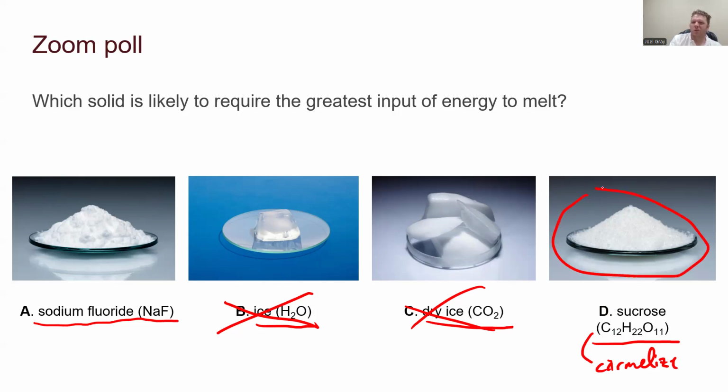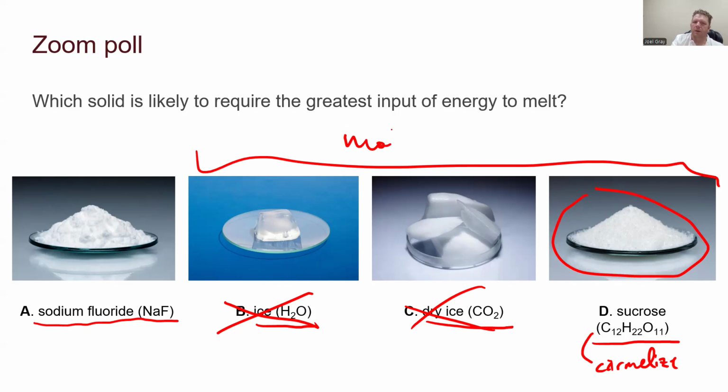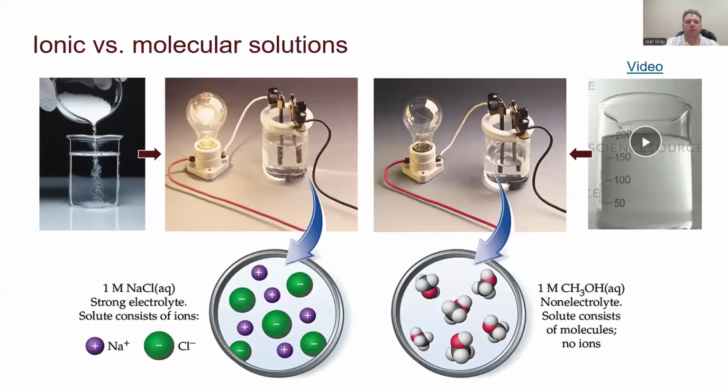It's effectively going to change. That's because all of these are molecular compounds, whereas sodium fluoride is an ionic compound. Ionic compounds are very, very strong. You're not going to see that change. You're going to see that continue to exist as a solid until you get to something like 1200 degrees Celsius. So A is going to require the greatest input of energy in order to get something to melt.